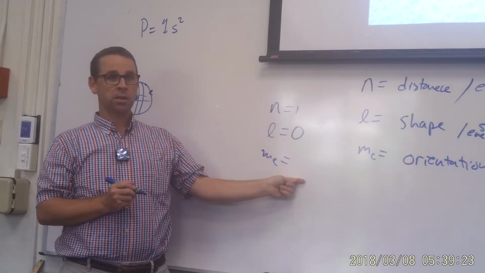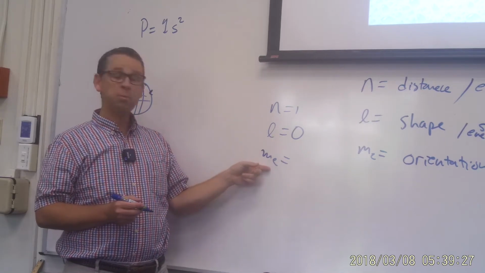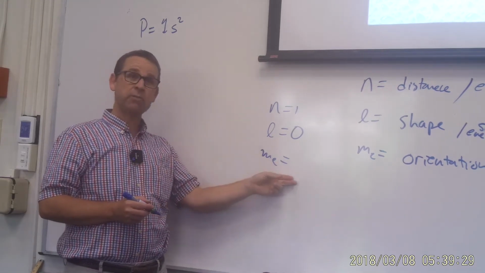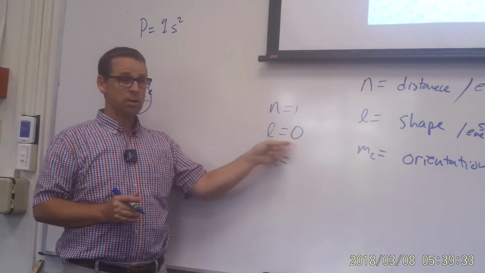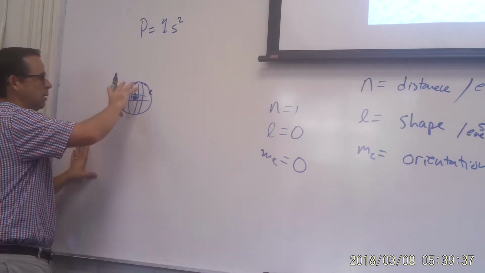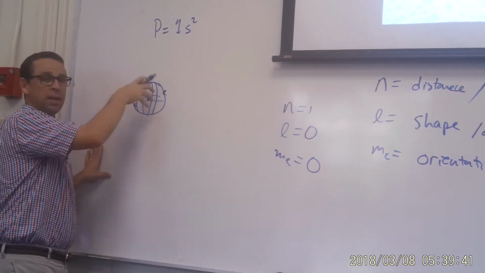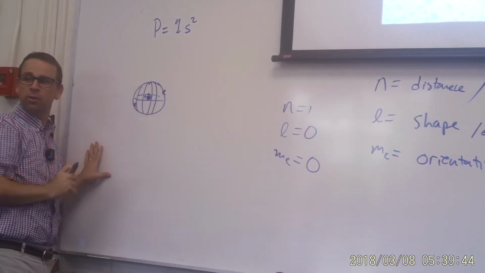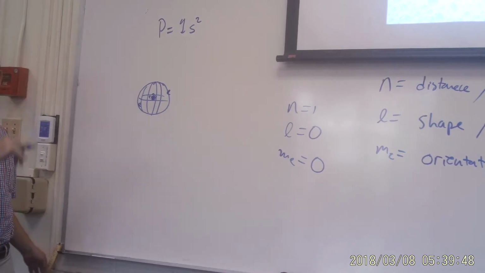All right. It's just 0, right? If L equals whatever, m sub L will be positive whatever, negative whatever, and all the numbers in between. So if L is 0, then this can only be 0. And that should be consistent with the idea that a sphere cannot be oriented any other way around that origin, right? If I spin it or twist it, it's not going to be any different.